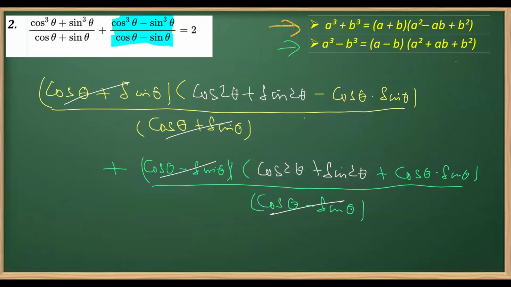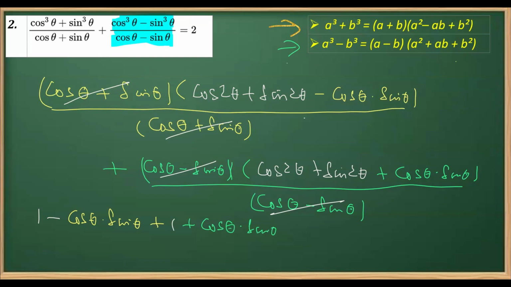So in the first part we are getting 1 minus cos theta into sin theta, and in the second part too, you can see this is 1, plus cos theta into sin theta.